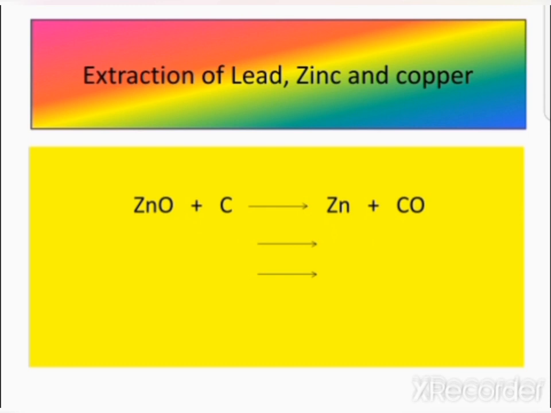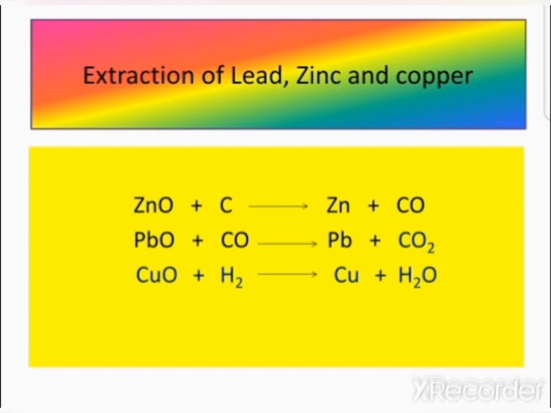Zinc oxide is reduced by coke to form zinc and carbon monoxide. Lead oxide is reduced by carbon monoxide to form pure lead and carbon dioxide, whereas copper oxide is reduced by hydrogen to form pure copper and water.